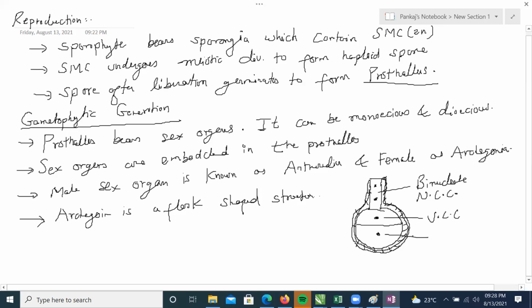And this is one egg, right? This entire sex organ is embedded, but the archegonium is embedded with a slightly projecting neck.